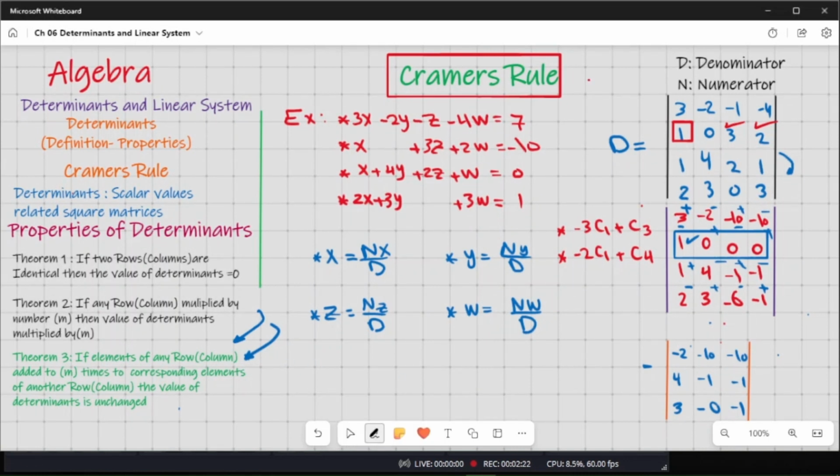Okay, if I calculate the value of this determinant, we obtain d equal to negative, and to here -2 and to 1. Here we have -6.